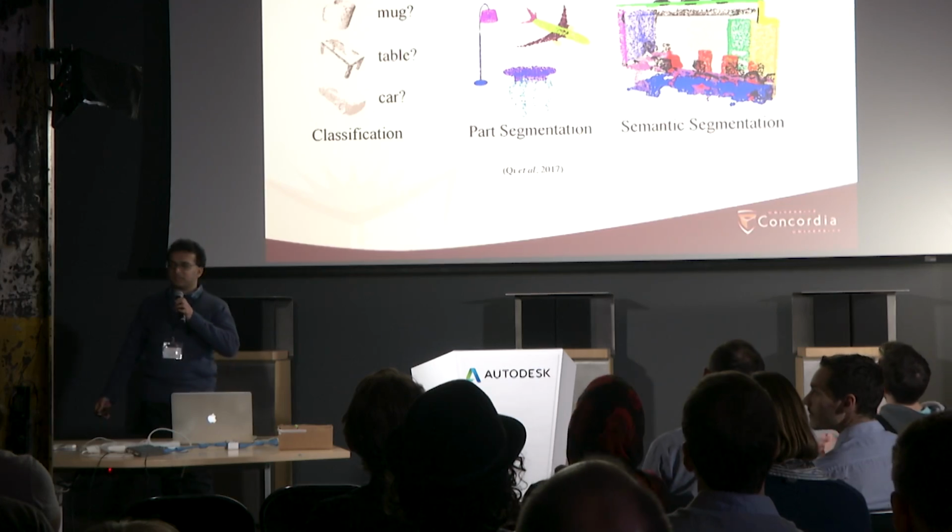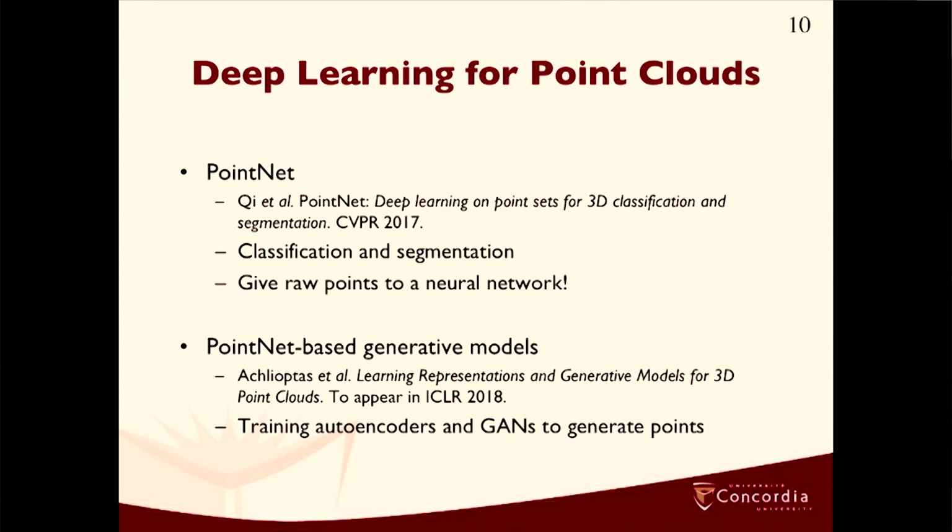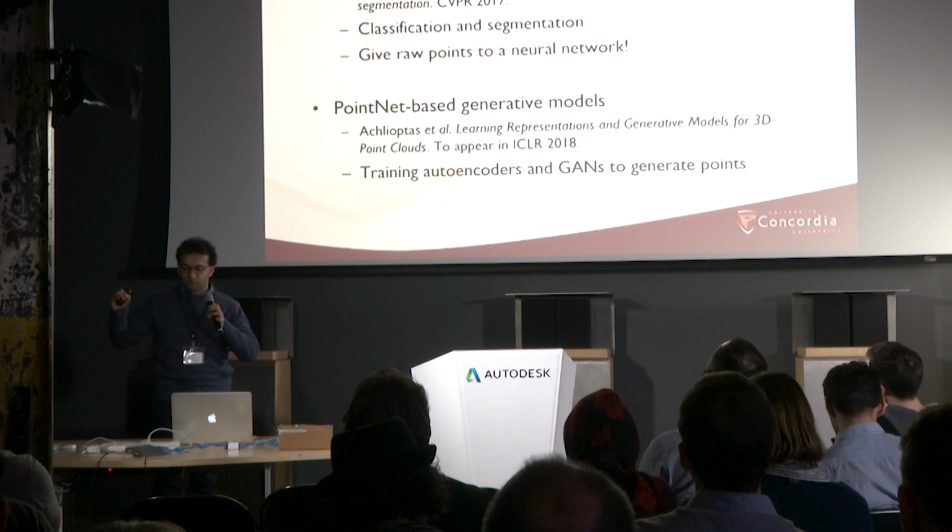So I'm going to talk a little bit about a particularly interesting development in deep learning, which is from last year, which is called Pointnet. And it's basically a neural network for classification and segmentation of point clouds. And the really exciting thing about Pointnet is that you can give raw points directly to a neural network.